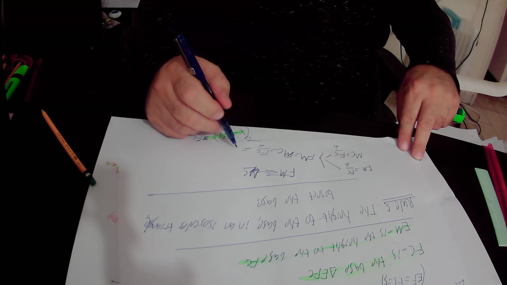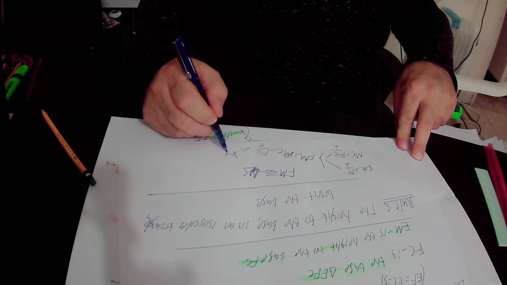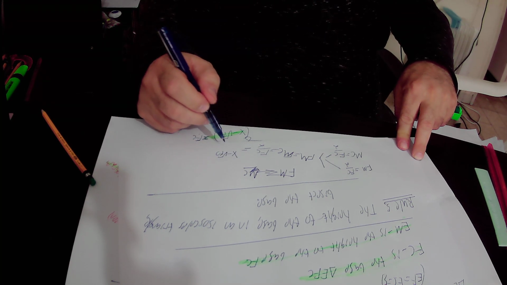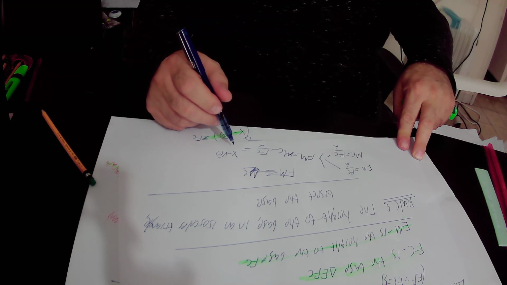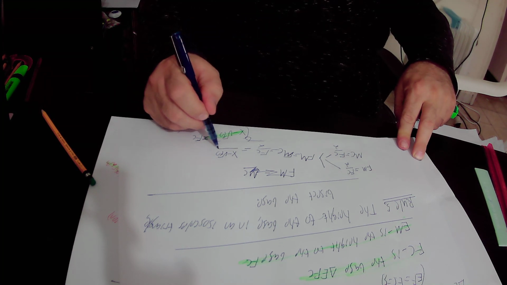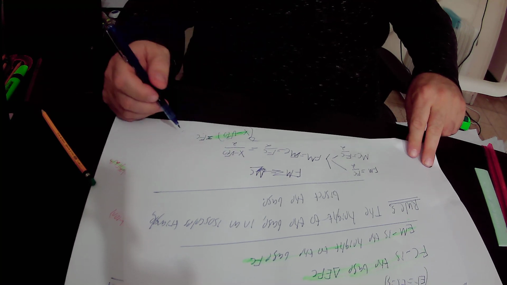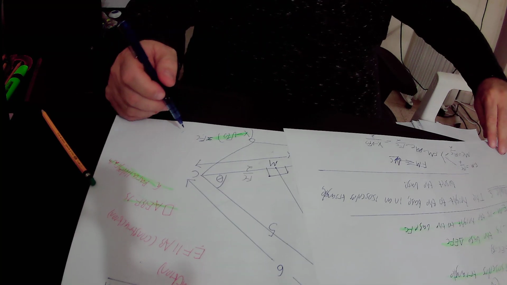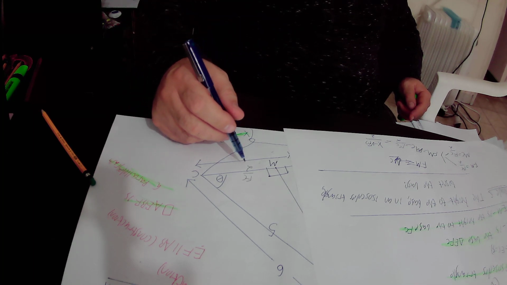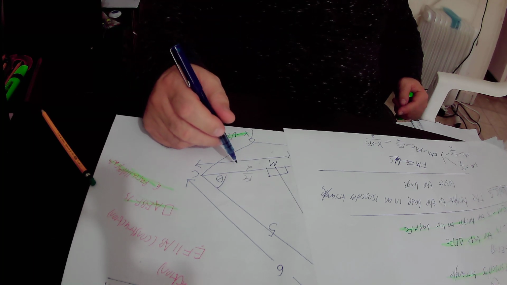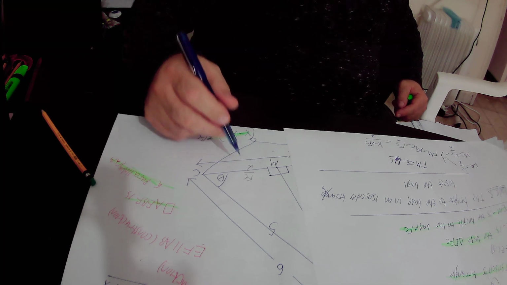FC equals x minus square root of 10, and FC over 2 equals x minus square root of 10 over 2. So in conclusion, we found that MC, which is equal to FC over 2, is equal to x minus square root of 10 over 2.